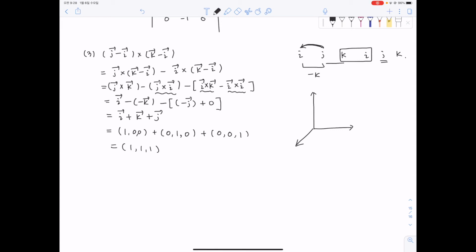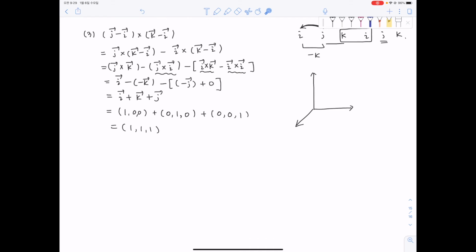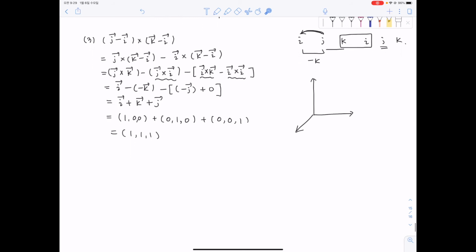So you need to practice more and more to be familiar with this calculation, okay? Cool. So yes, we can calculate it by using the properties of cross product.